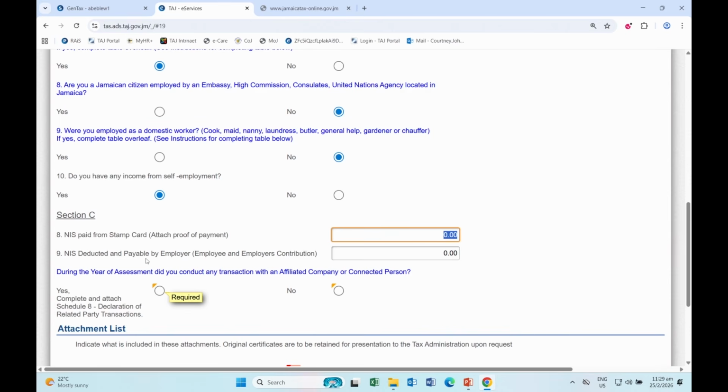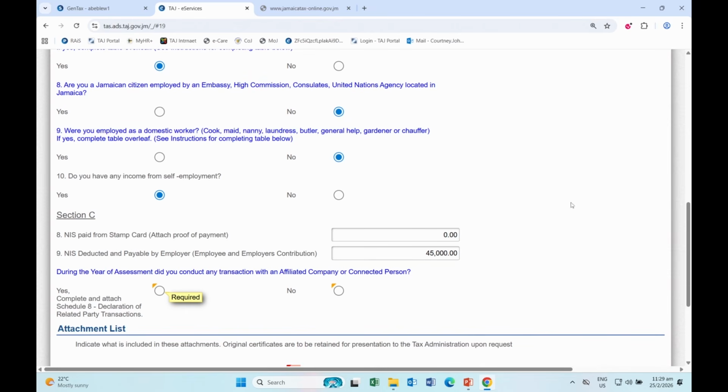However, the NIS deducted and payable by his employer is going to be relevant here. But what you're putting here should reflect both the employee's and the employer's contribution. Right. So his individual contribution was $22,500. Now when we double that, it's $45,000. So we put 45 in that box.